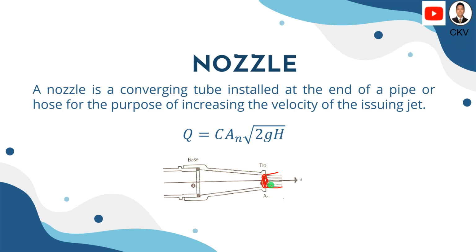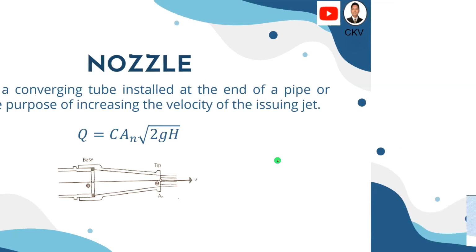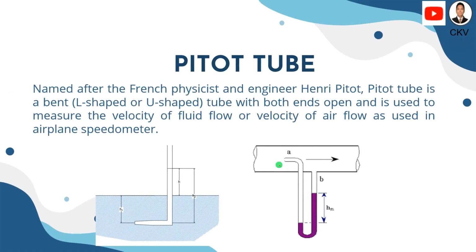That's why we can apply the same equation in solving the flow rate in a nozzle. So all we need to do is multiply the coefficient of discharge to the cross-sectional area of the nozzle, and multiplied by the theoretical velocity, or the square root of 2gh.